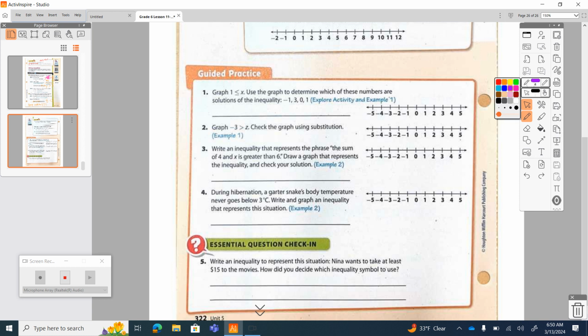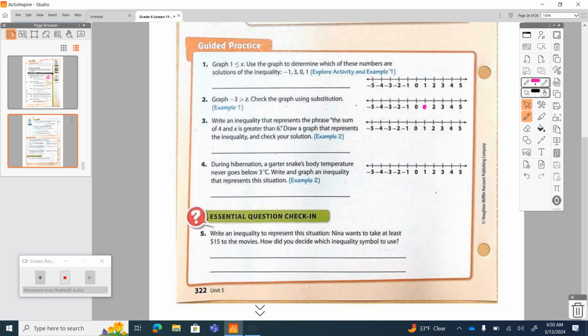Graph 1 is less than or equal to x. Okay? So when you go to 1, it's going to be a closed circle. And 1 is less than x. So I need a number that would be bigger. So for example, 2, I wanted this here. Whoops. 2 is bigger, 3 is bigger, 4 is bigger.